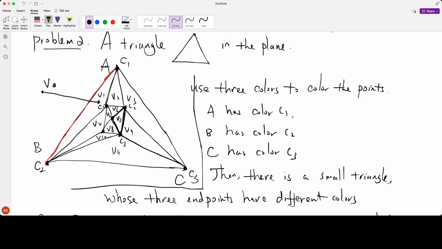And this is the only edge connecting V0, because here is C1, C3, no edge here, no edge here. Here is C2, C3, no edge here. So there is only one edge connecting V0 to V1, because I see C1, C2.